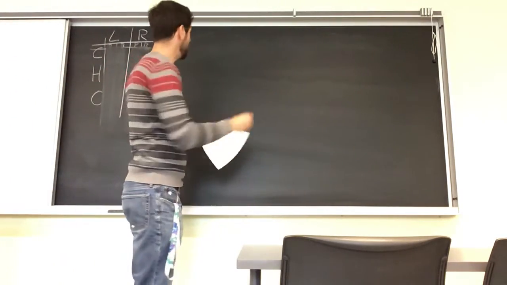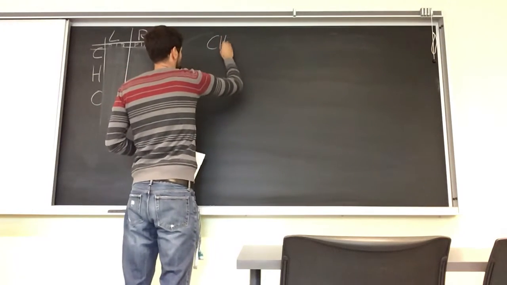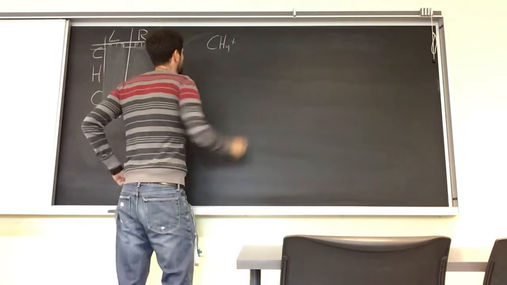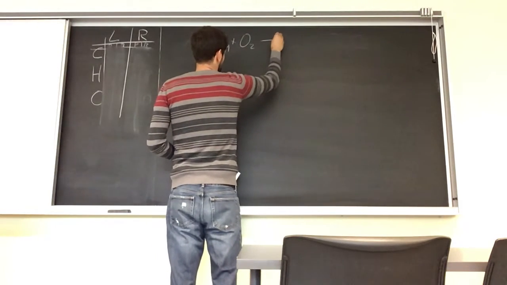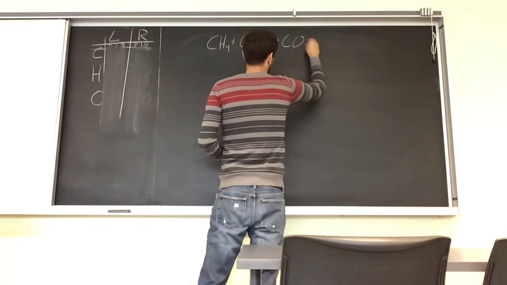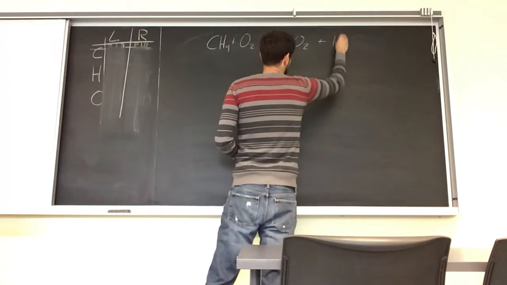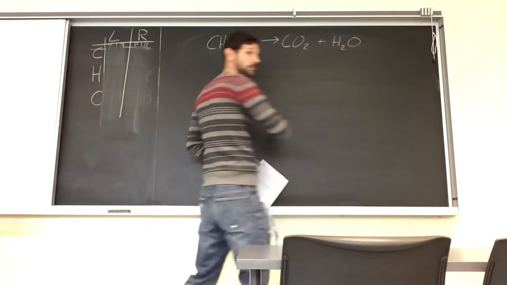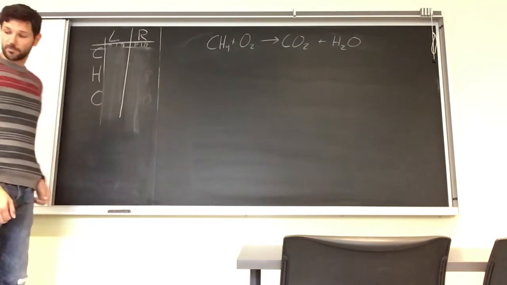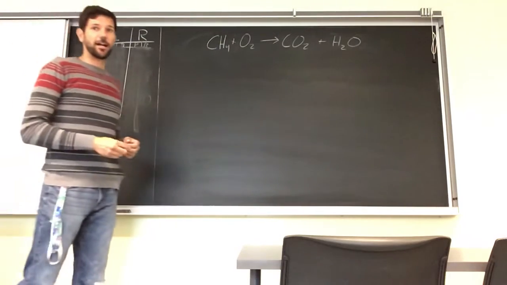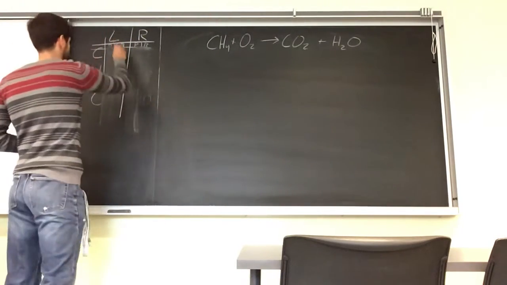So let's look at methane plus oxygen, giving us carbon dioxide and water. And let's do our pre and post balancing tally again.